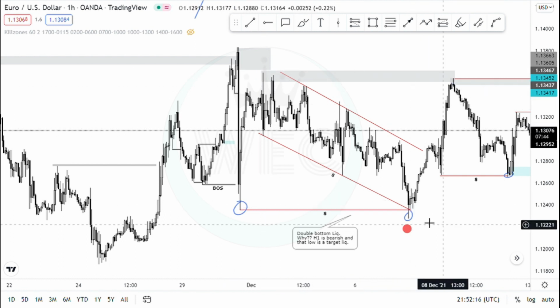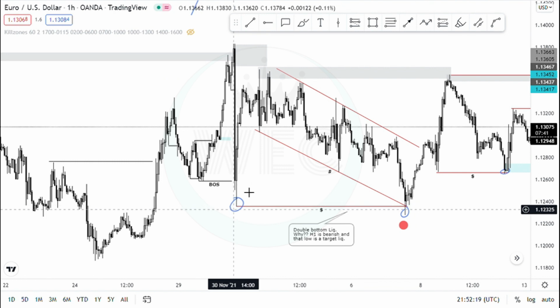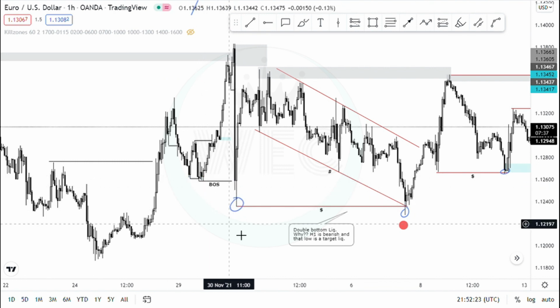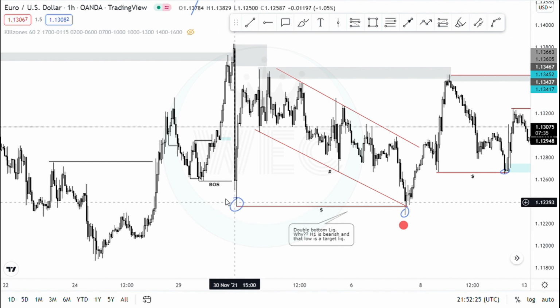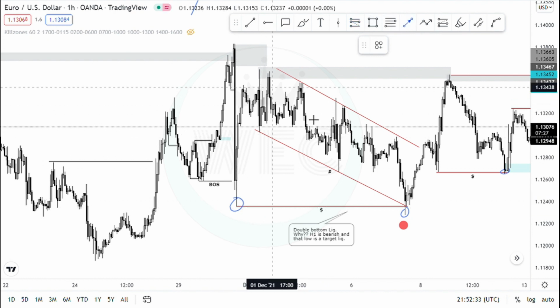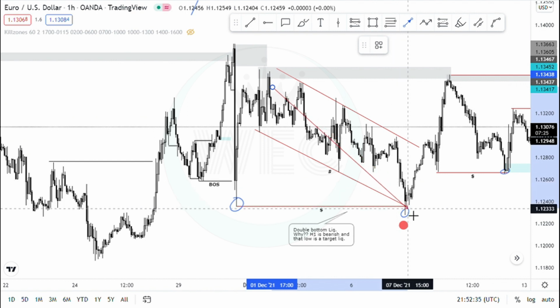Here is a target liquidity over here. After taking this protected liquidity, this low becomes a target liquidity. So when price is coming down, you are supposed to expect it to raid this point. That is why this potential double bottom trade failed.